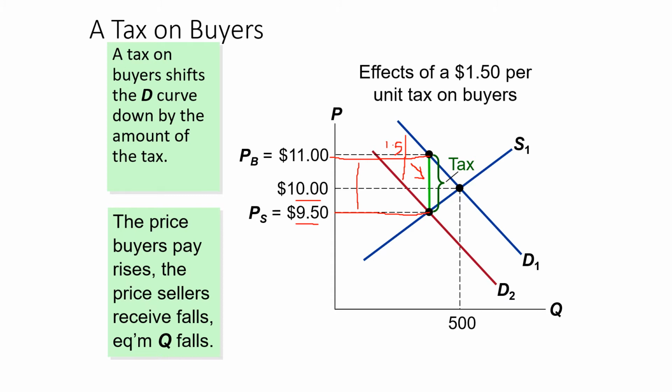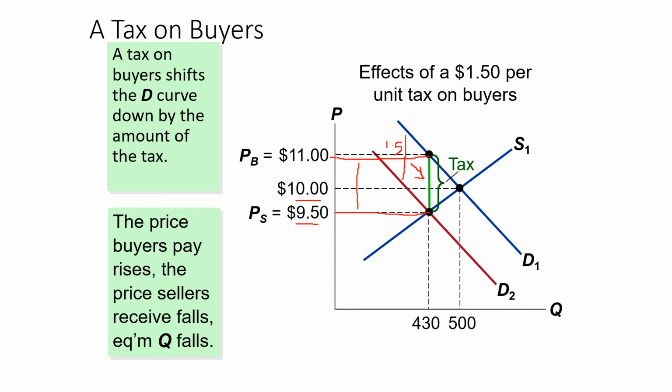So price has gone down for the supplier and has gone up for the buyers. So the supplier is basically paying $0.5 as a tax, whereas the consumers are paying $1 as a tax.